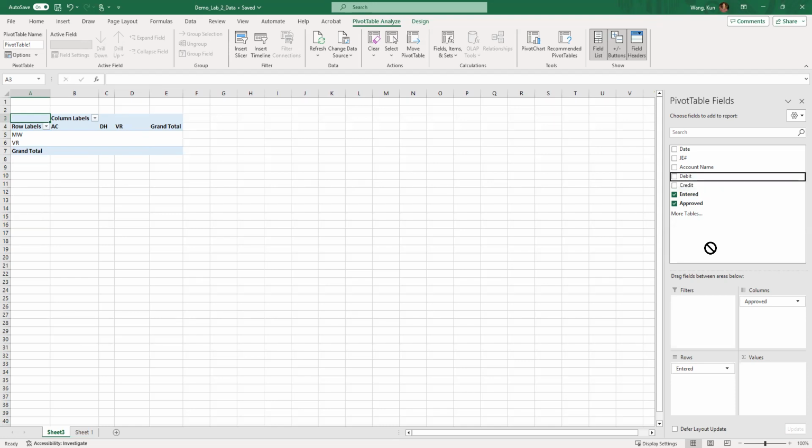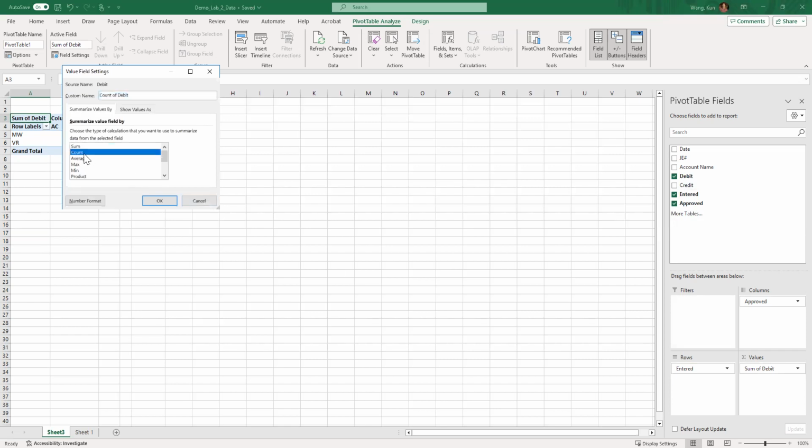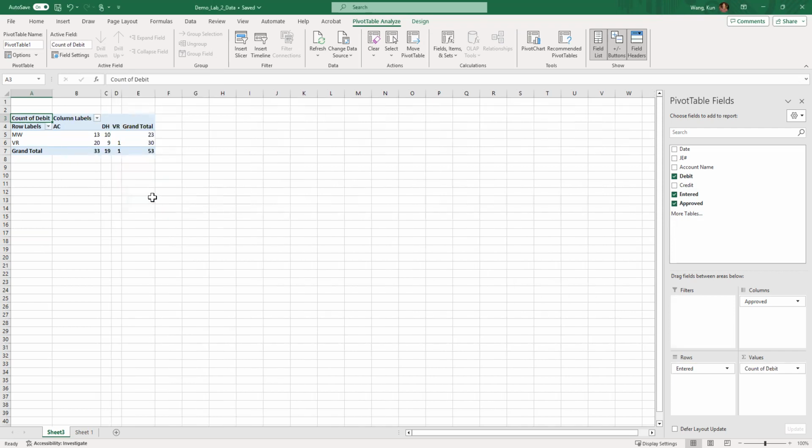So I'm going to use the debit in the values, but my interest is not really about the values, so I'm going to change the value field setting to count. So you can see the count of the transactions entered or approved by this combination of the clerks or staff members.